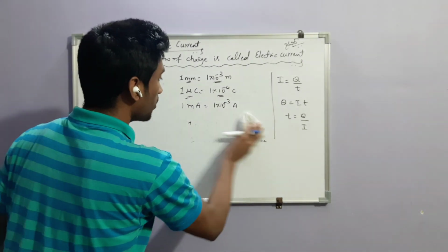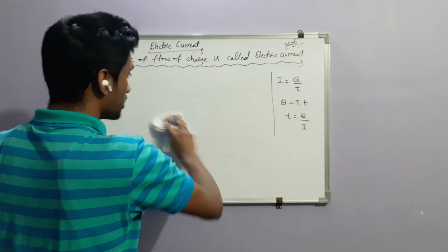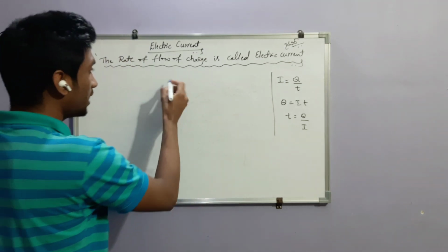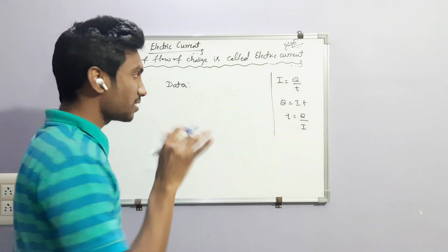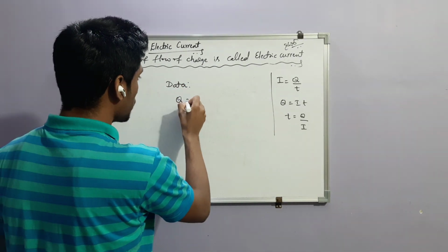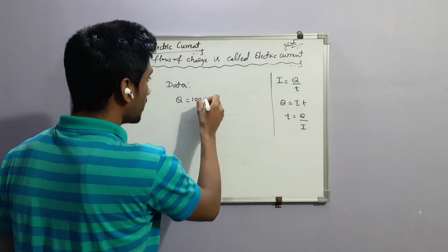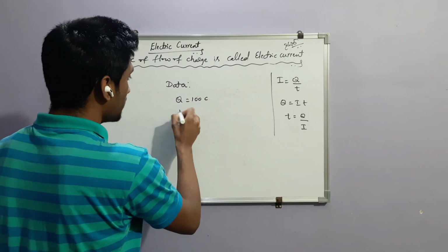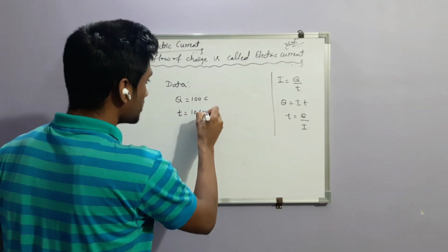Now let's solve one problem based on the first equation. Observe carefully step by step. Suppose the data is given like this. Initially I am taking simple values. Q is equal to 100 coulomb, and time is equal to 10 seconds.